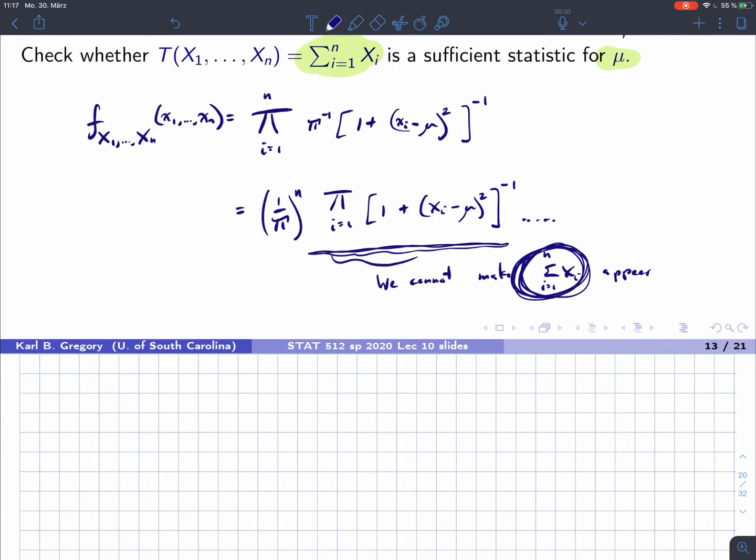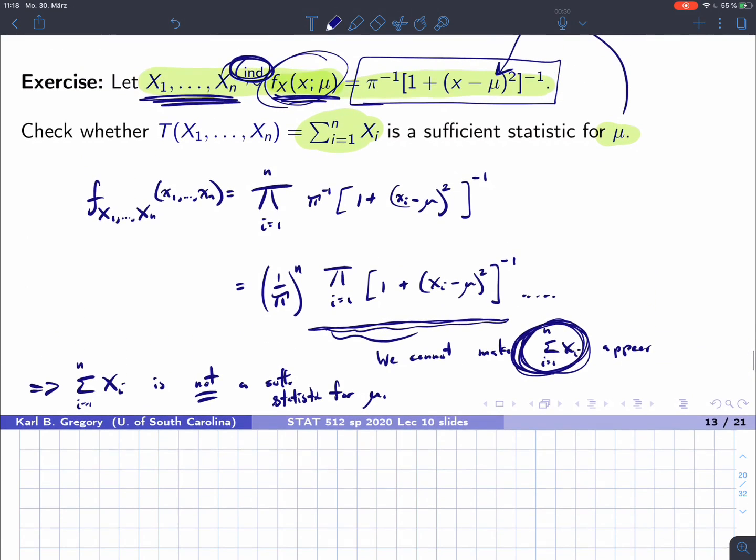So we say the sum of the xi's is not a sufficient statistic for mu. Let's remind ourselves what that means.